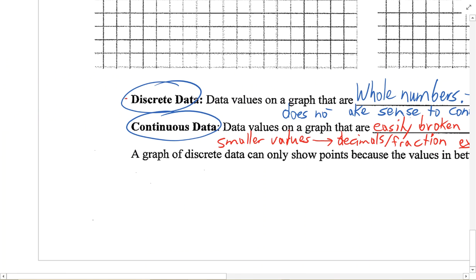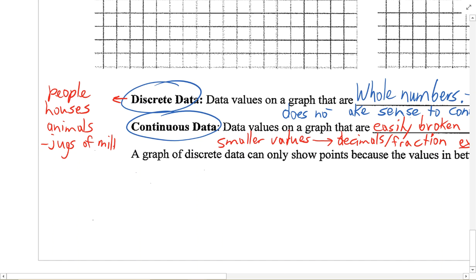Well, whole numbers. For example, people. People are whole numbers. Houses. Houses are whole numbers. Animals are whole numbers. Okay, you don't see half a dog walking around. Here's a good one. Jugs of milk. Right?